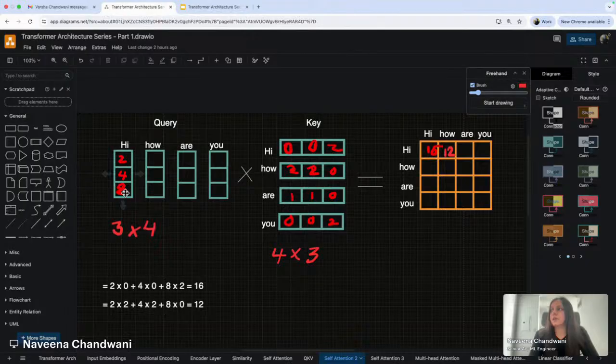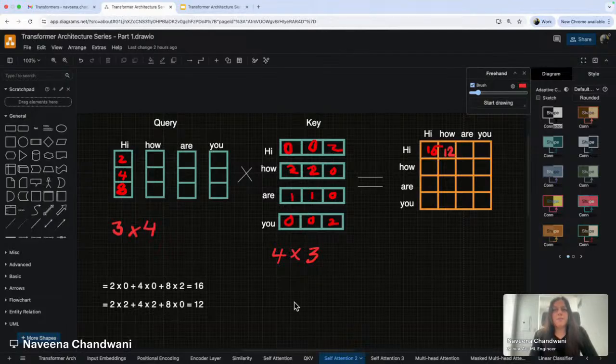This is also the dot product. So 2 into 0 plus 4 into 0 plus 8 into 2, and that's how you get 16, which is placed here. So this is how much attention hi will pay to hi. And similarly, hi and how, how similar are they? This can be computed similarly by multiplying this by this, and you get 12 here. And this way we have these attention scores.